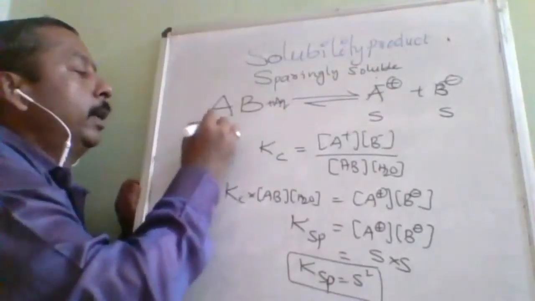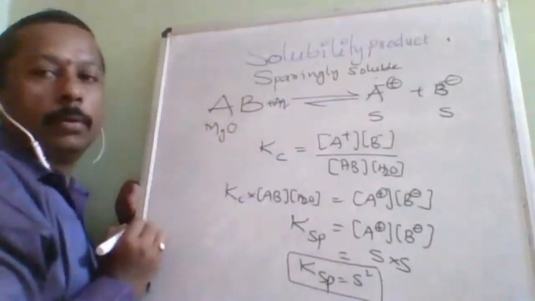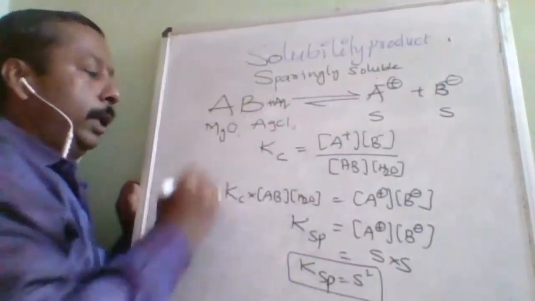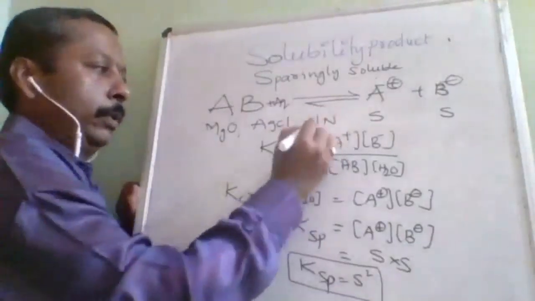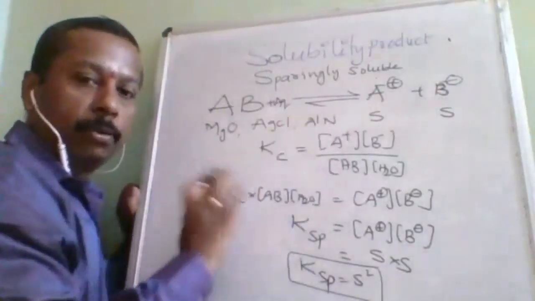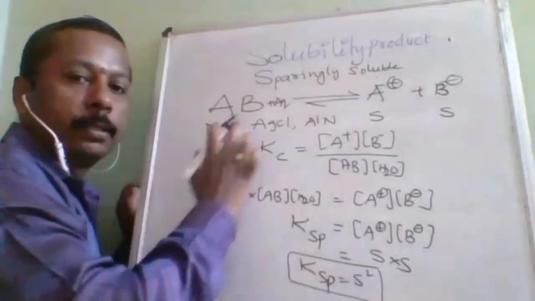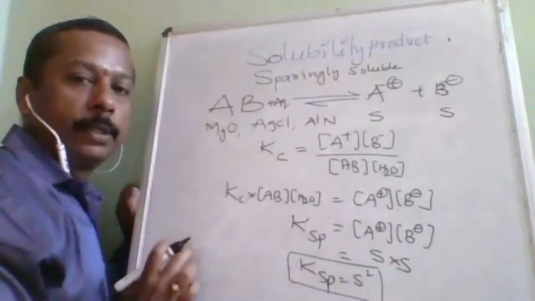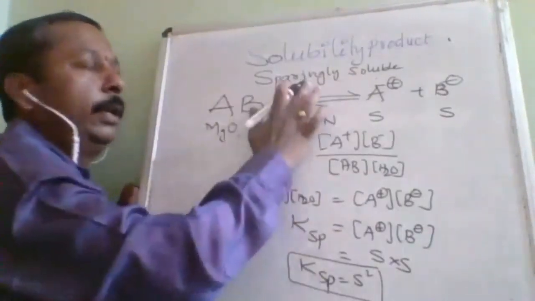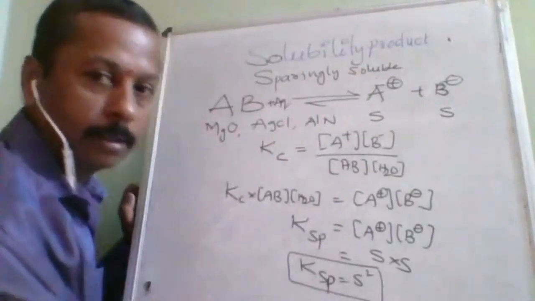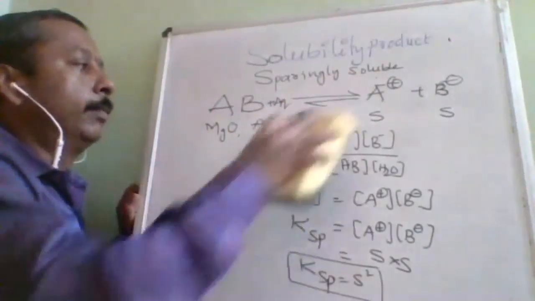Examples of AB are MgO, AgCl, likewise AlN. Here +3 -3, +2 -2, +1 -1, no problem with the charge. But they should be sparingly soluble and both should be 1 mole each. Understood? This is the first example.